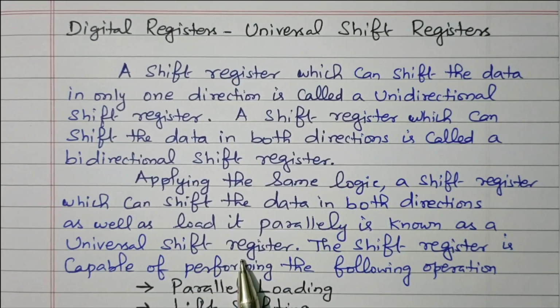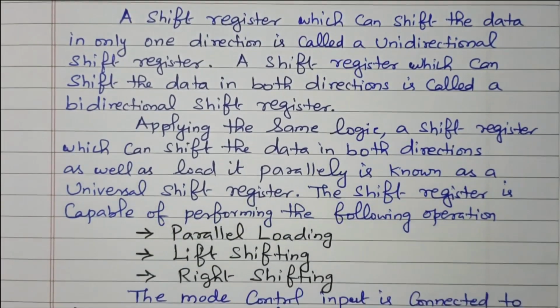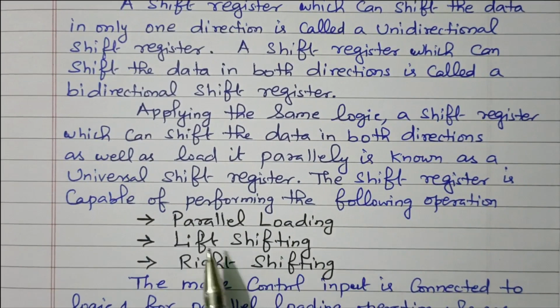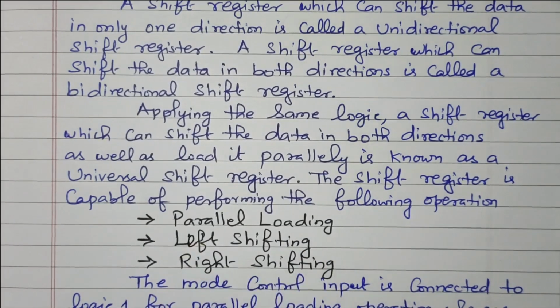Unidirectional means only one direction, bidirectional means both directions, universal means both directions as well as parallel loading. These three operations are performed, so it is called a universal shift register. The shift register is capable of performing the following operations: parallel loading, left shifting, right shifting, right?